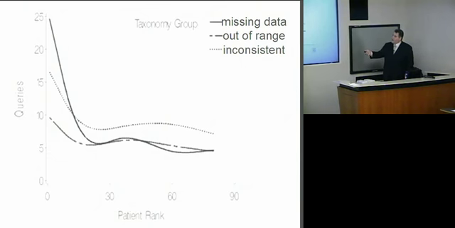These are the queries on the y-axis and patient rank on the x-axis. The very heavy line here is missing data. Out of range data is actually the lowest of the 3 lines. And then information that was inconsistent in 2 locations is somewhere in between.